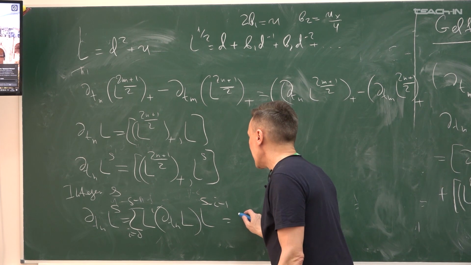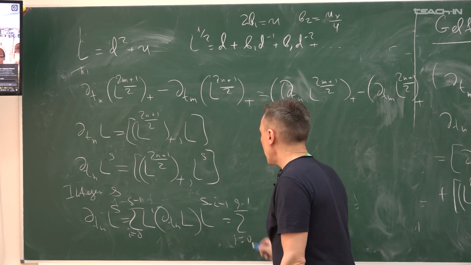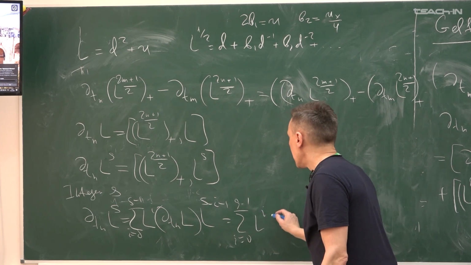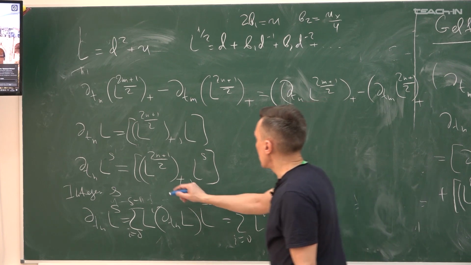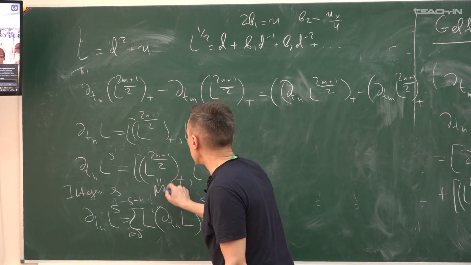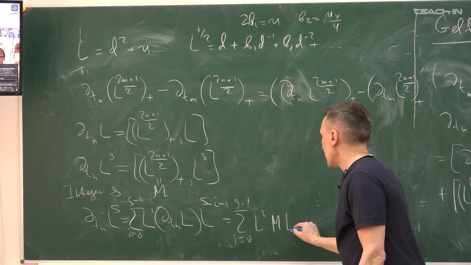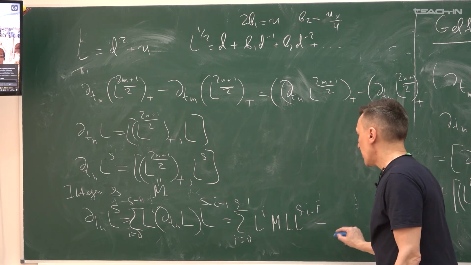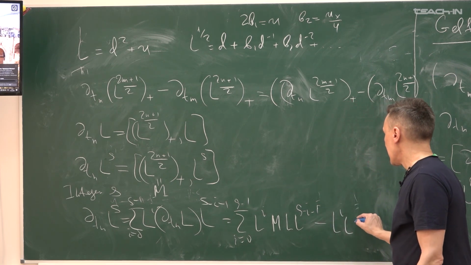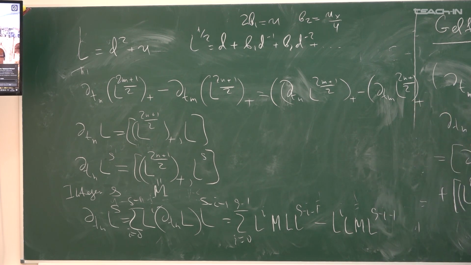It is the sum from 0 to s minus 1 of L^i, and here I will denote the commutator by M: L^i, M, L, L^(s-i-1) minus L^i, L, M, L^(s-i-1). Do you remember?